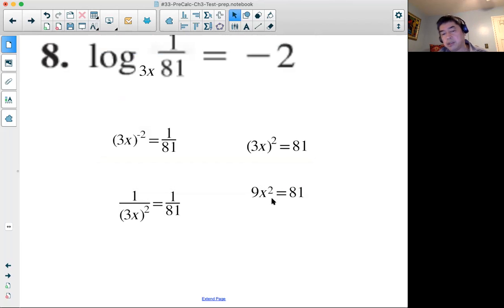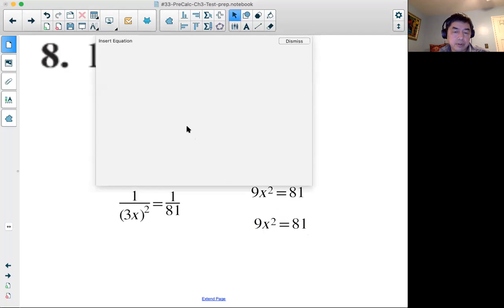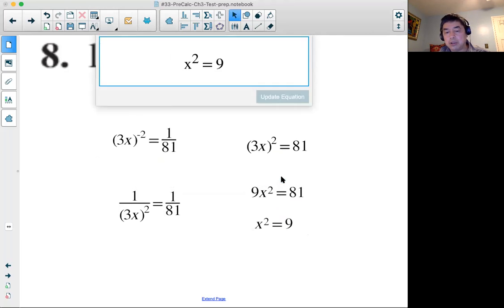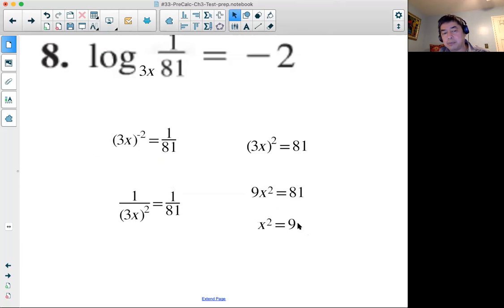Okay. Now this might be easy, the algebra 1. So you divide by 9 on both sides. 9 divided by 9 is 1, so this is going to be 1 x squared. 81 divided by 9 is 9. So x squared equals 9.